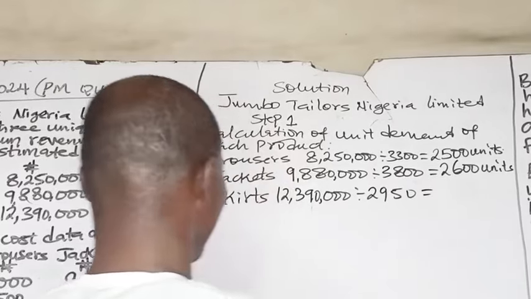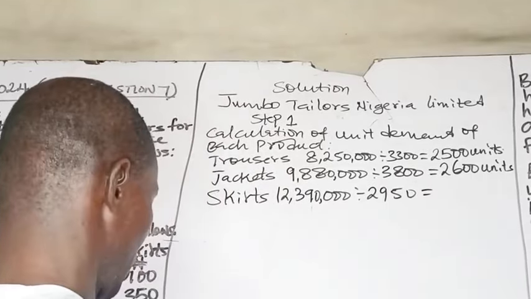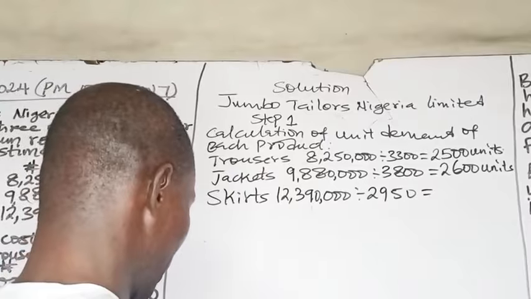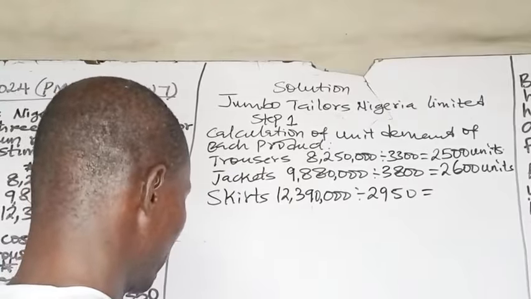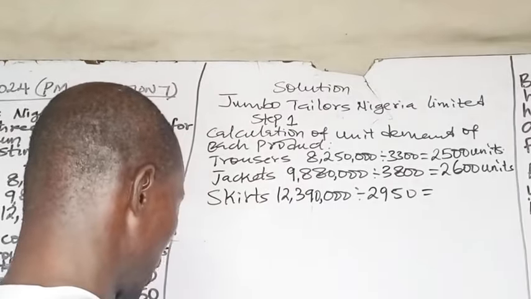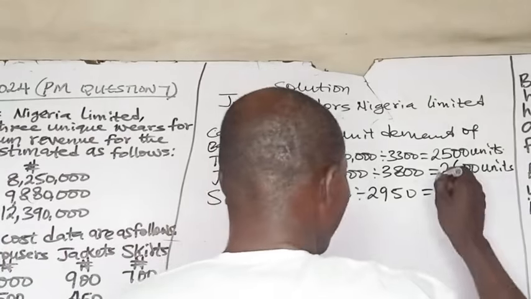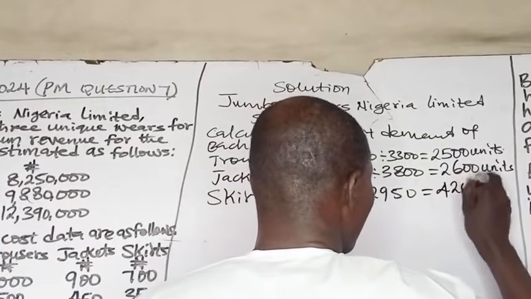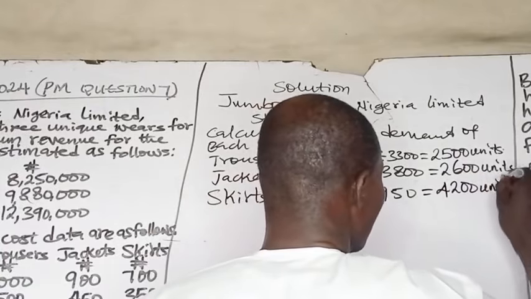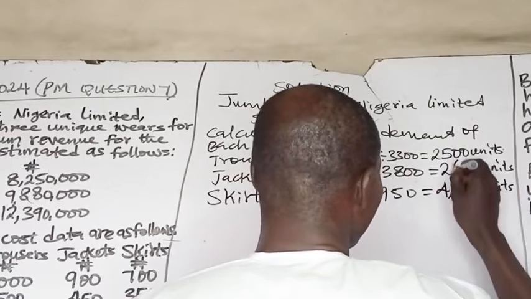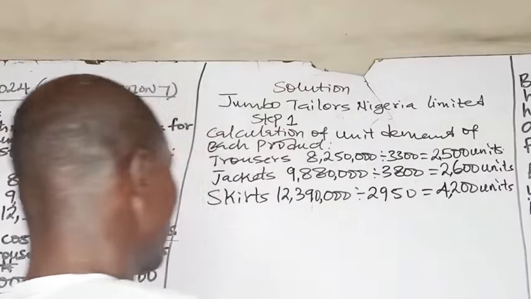That will give us 12,390,000 divided by 2,950. So we have 4,200 units. So that is the number of units of each of the products demanded.